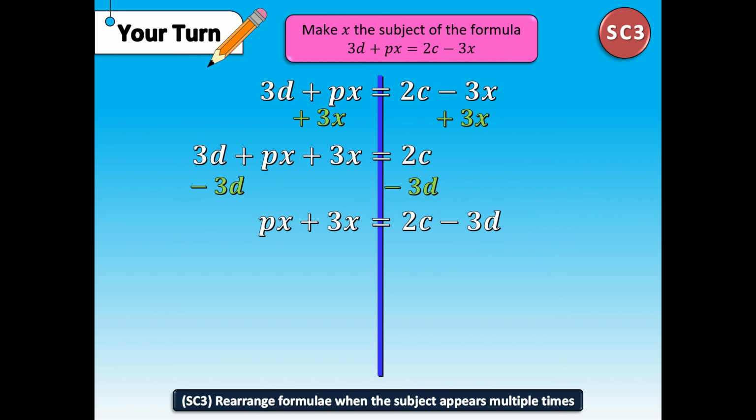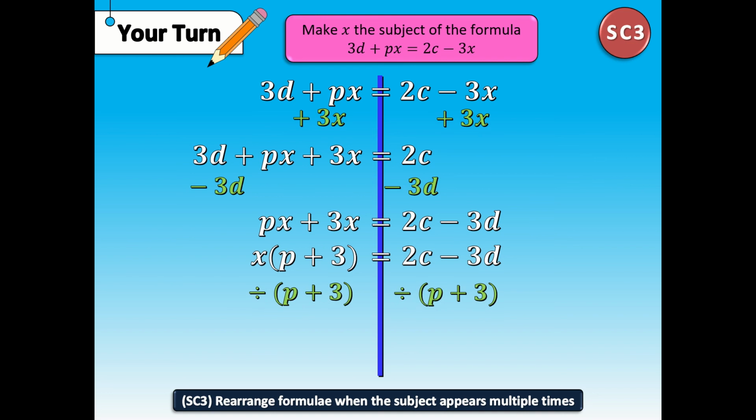Then we factorise the side with x on. Then we divide both sides by p plus 3. So our final answer is x equals 2c minus 3d over p plus 3.